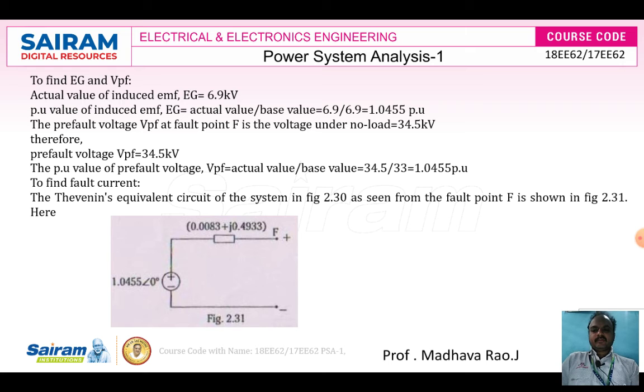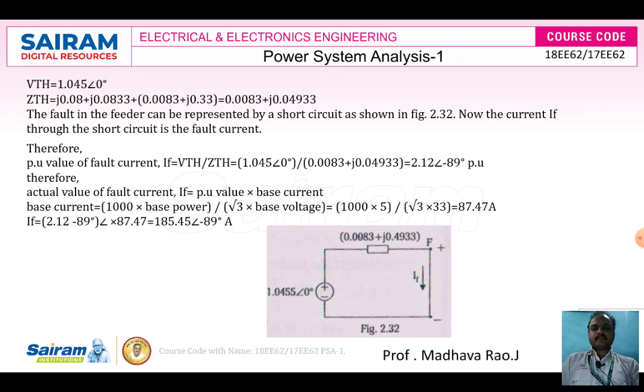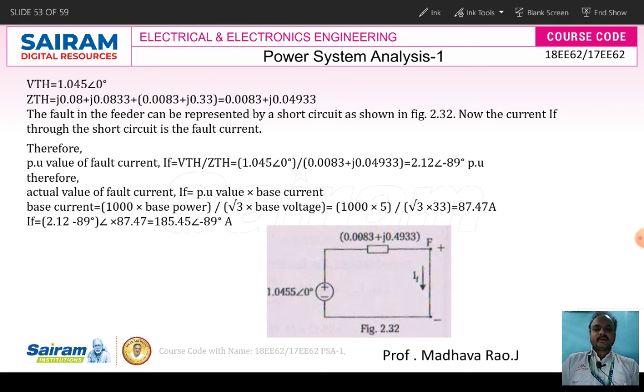Substituting the values, current is equal to voltage divided by impedance. According to Thevenin's theorem, the voltage is 1.045 at an angle of 0 degrees, and Z Thevenin is 0.0083 plus j0.0493.